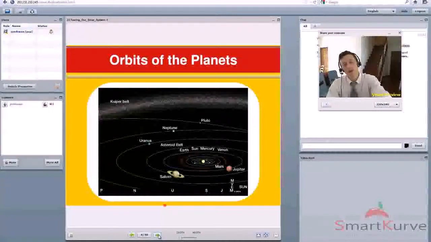Another couple of things to notice about this picture. Take a look at Pluto's orbit. Looks quite different from the others. It's almost as if all of the other planets are there in that one flat plane. Remember, we learned about this in our last lesson. It's called the ecliptic.